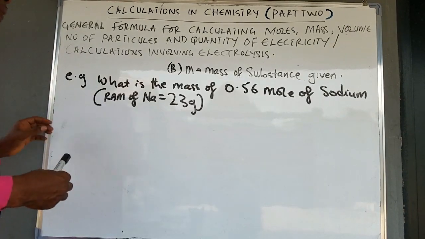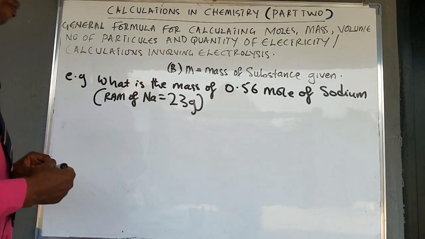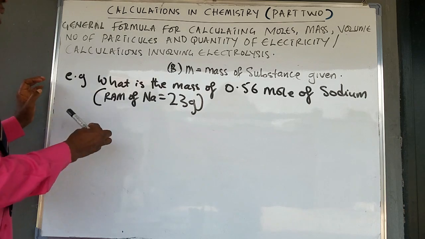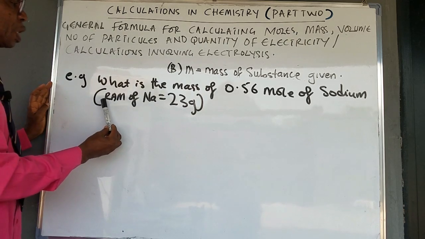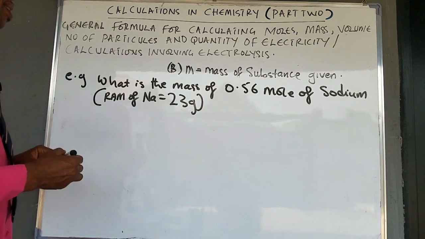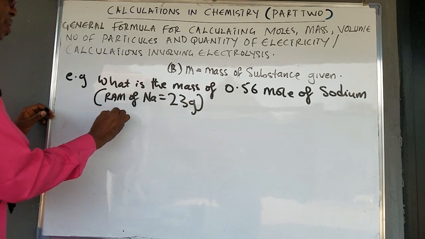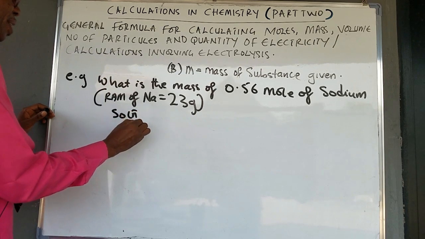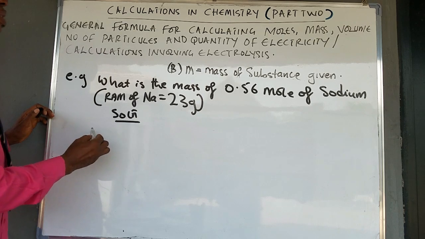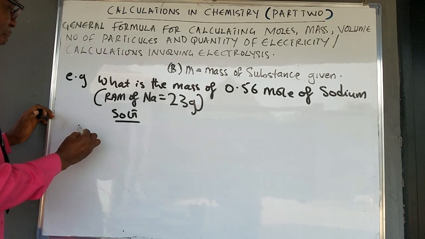Let's look at this simple question. What is the mass of 0.56 mole of sodium? Now the RAM, which we call the relative atomic mass of sodium, is 23 grams. Very simple. You don't need to stress your head. Just dissolve it. Know the formula? Remember what I said?